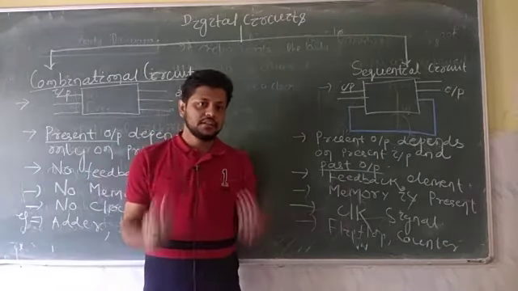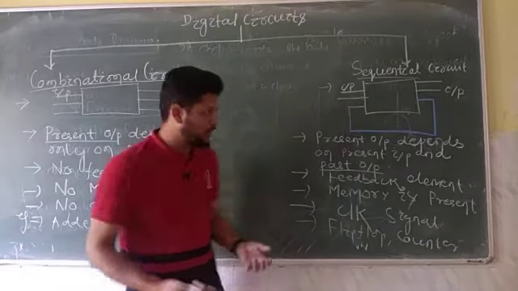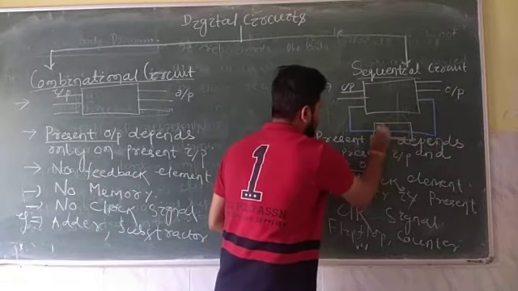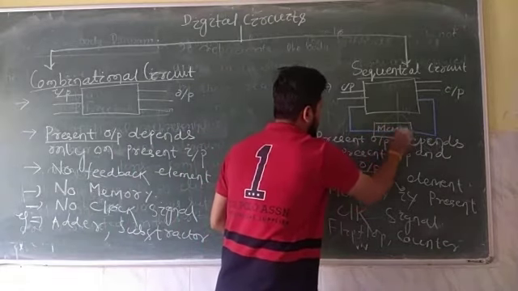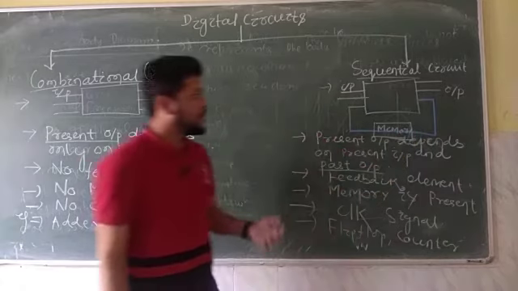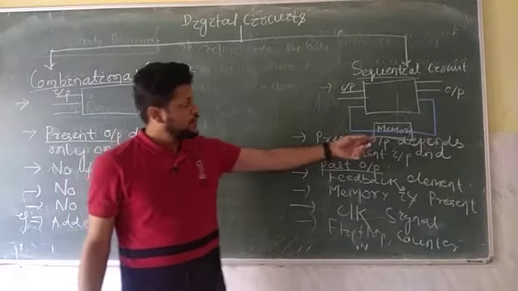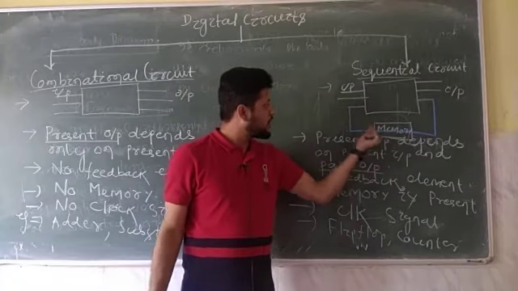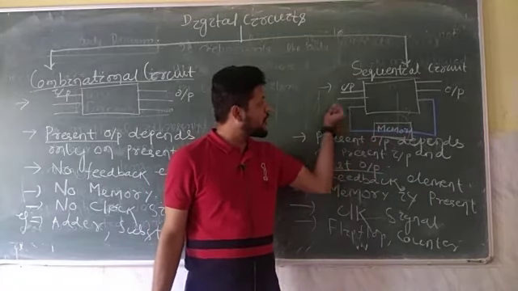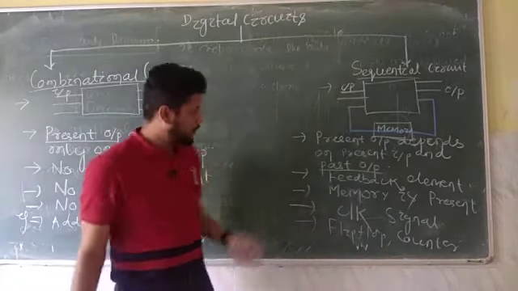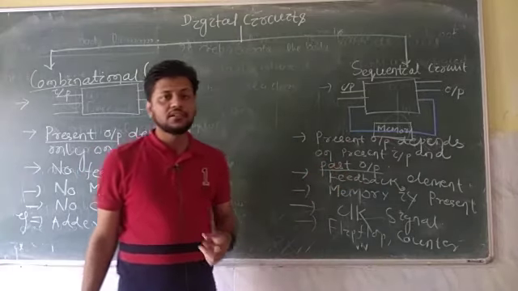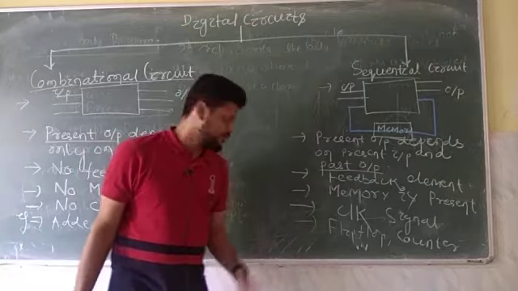Hence in this kind of circuit we need a memory, and we connect it here. This is your memory. The output comes back and is stored in memory, and from this memory we apply it to the input. So the present output depends on present input and past output in the case of sequential circuits.